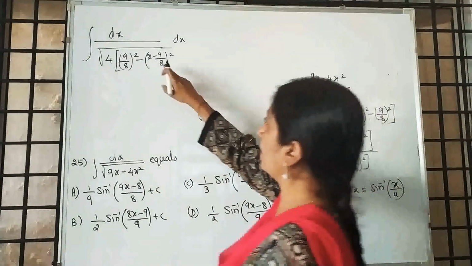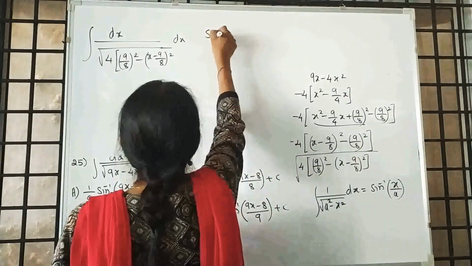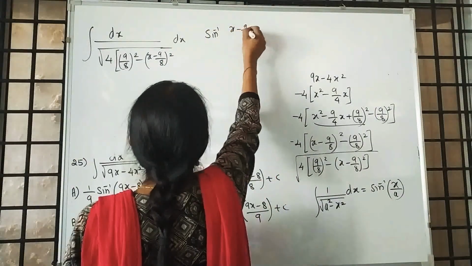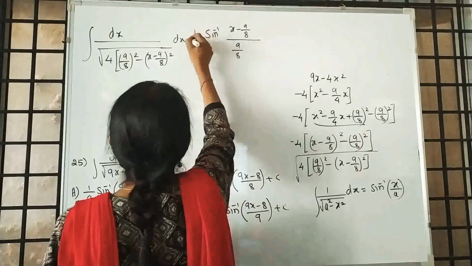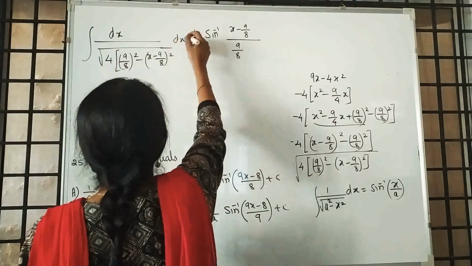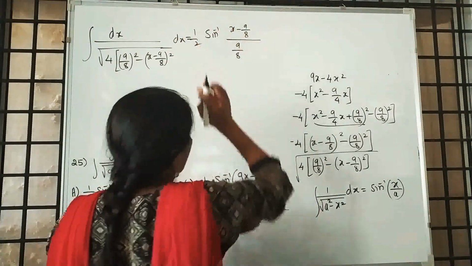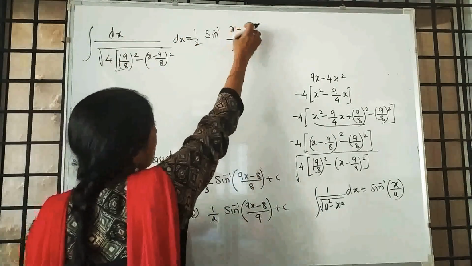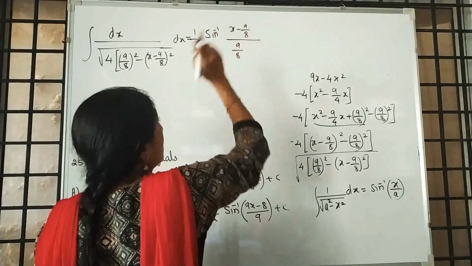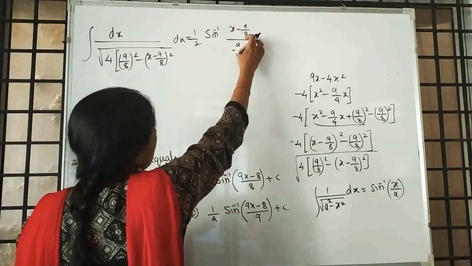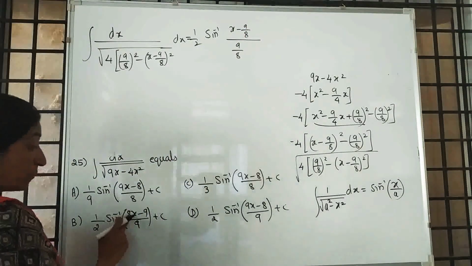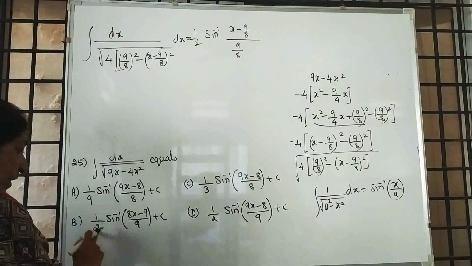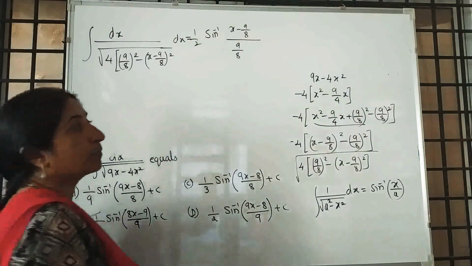X is x minus 9 by 8. A is 9 by 8 and outside is 1 by 2 because square root of 4 is 2. If you take the LCM, it is 8x minus 9, and the 8 cancels. 8x minus 9 upon 9, and 1 by 2 outside. So the answer is B.